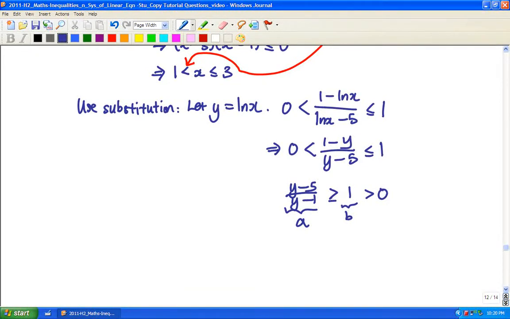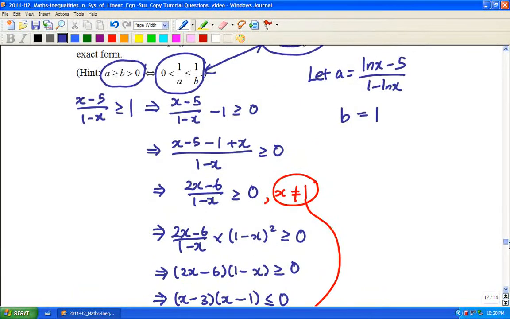We have already seen how to solve this. There's a mistake here, so this part should be 1 minus y and not y minus 1. We have seen how to solve this inequality from the first part. It's exactly the same, apart from the fact that it is in terms of y and not x.